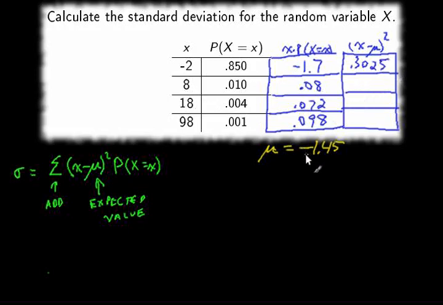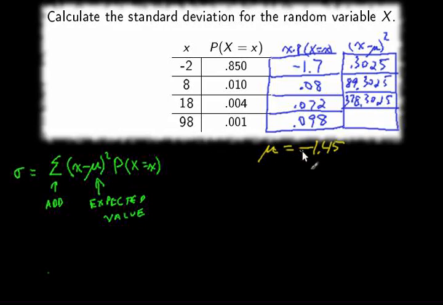8 minus negative 1.45, so that's 8 plus 1.45 squared is 89.3025. Now we need 18 minus negative 1.45, so 18 plus 1.45 squared, 378.3025.